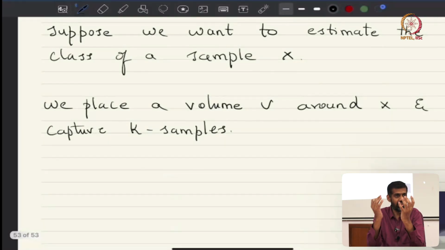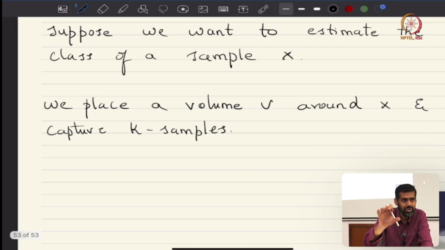So we have to create a volume V around this X. In the nearest neighbor density estimate, a non-parametric estimate, given a point, we want to estimate the density at that point. You keep growing a volume V around that point till you get K points.